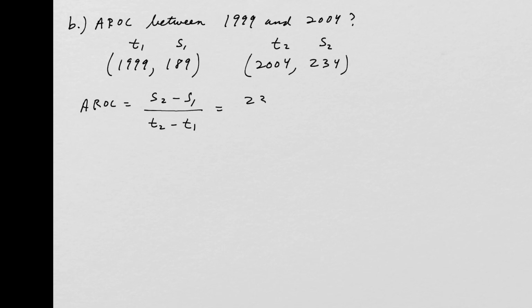So it'll be 234 minus 189 over 2004 minus 1999. And that turns out to be 45 over 5, which we can simplify to 9. And again, it's $9 million per year.